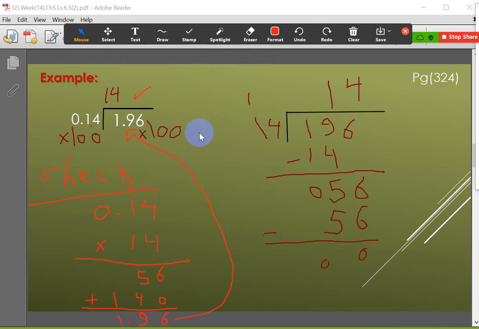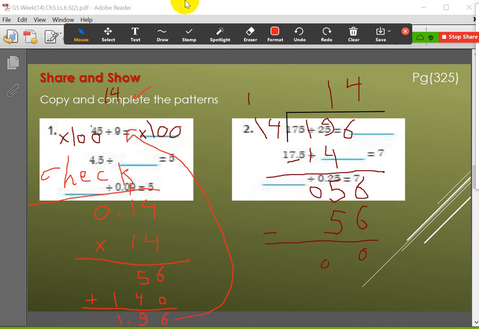Okay, now let's move to the next page, 325, and do number 1.